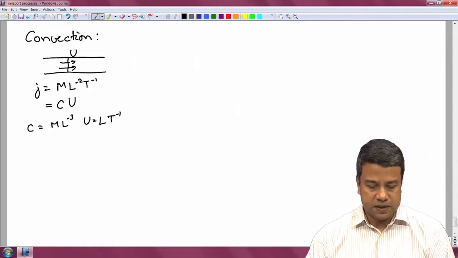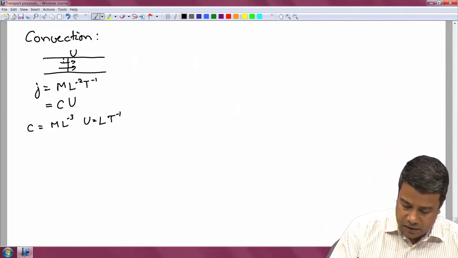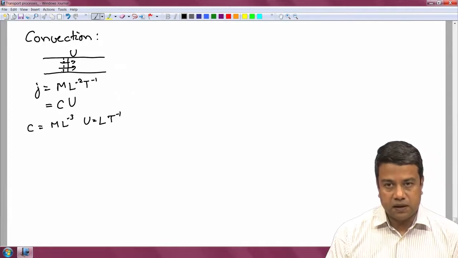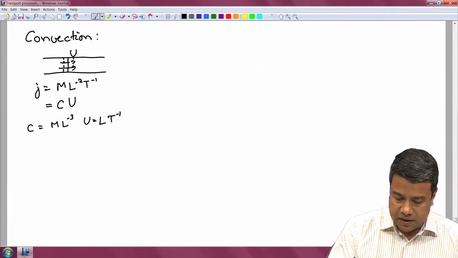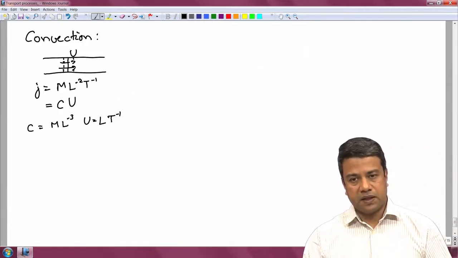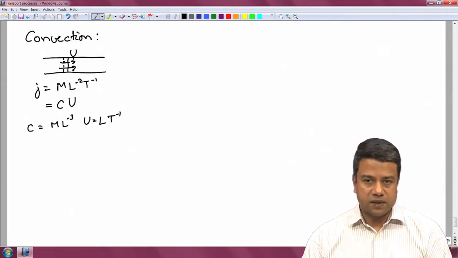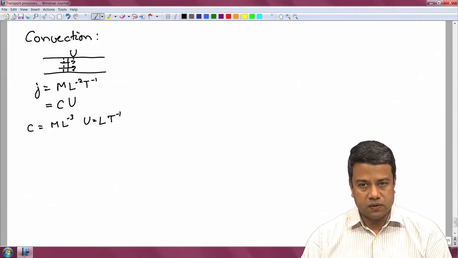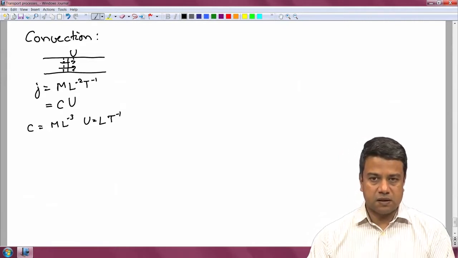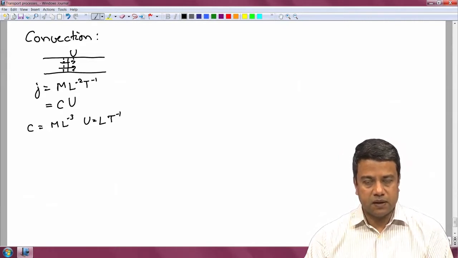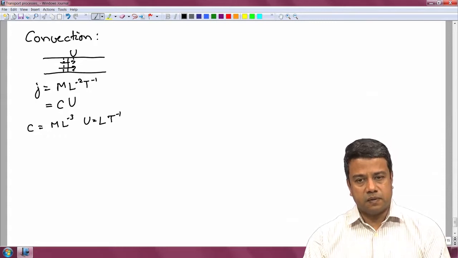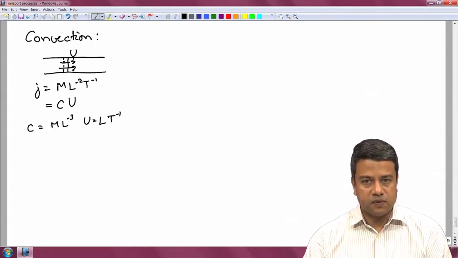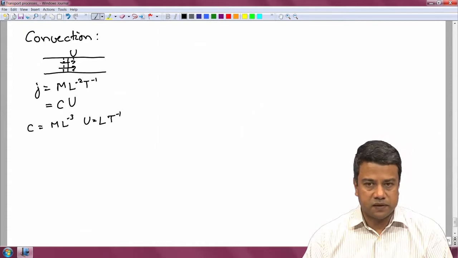Basically, whatever material volume element was here initially, after a time delta t, it moves to a new location. That distance traveled is u times delta t. The volume that is transferred is u into the cross sectional area into delta t. Therefore, the amount transferred per unit area per unit time will just be equal to the concentration times the velocity.